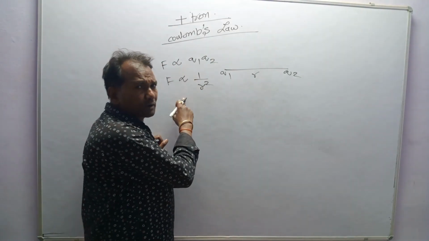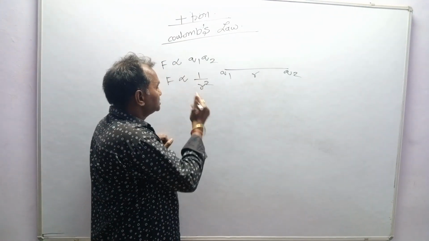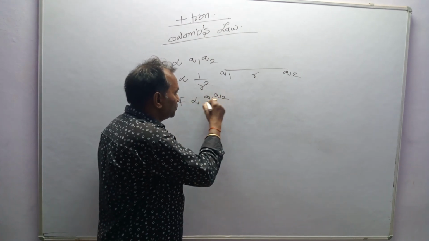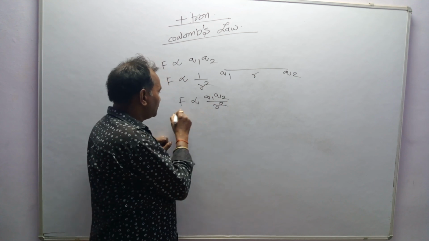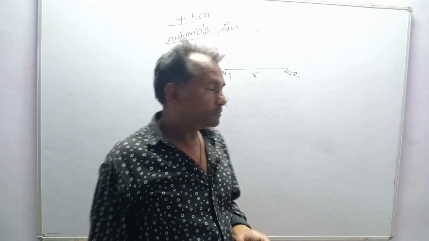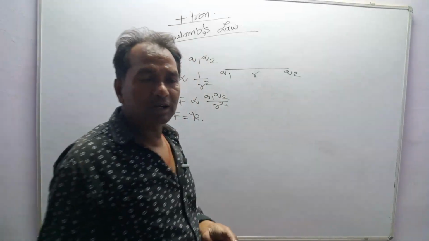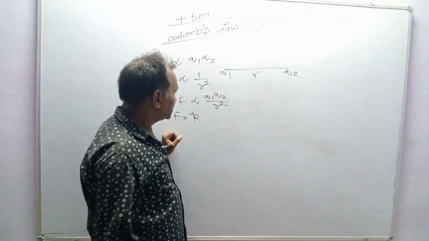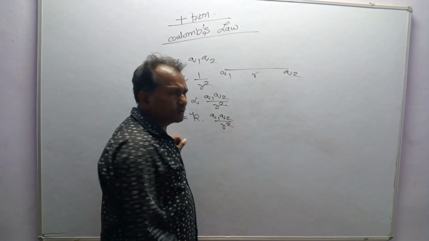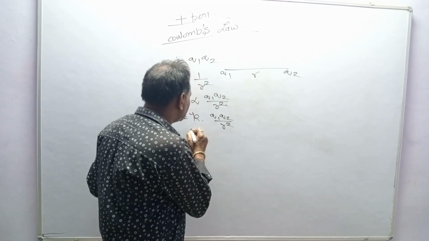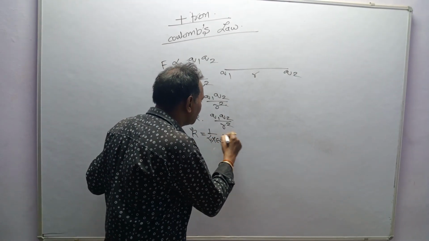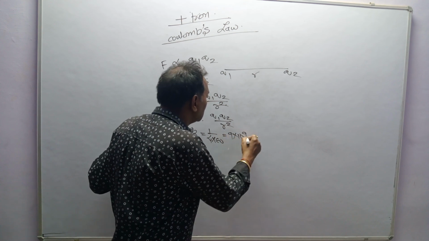Now, if you combine these two, you get F proportional to Q1 Q2 over r square. When you remove the proportionality, you have to multiply by a constant, let that be K. So F is equal to K Q1 Q2 over r square. The value of K in this case is 1 upon 4 pi epsilon naught, and its value is 9 into 10 power 9.